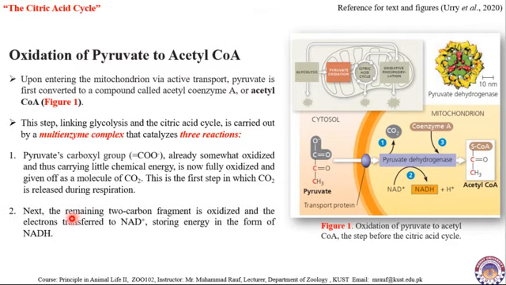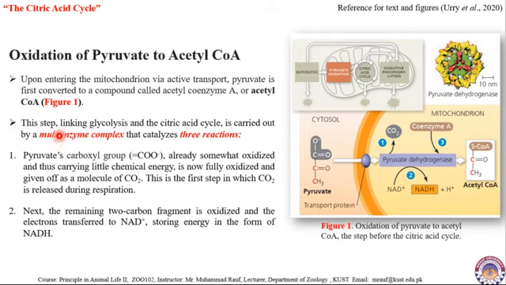In the second step, the remaining 2 carbon fragment is oxidized and the electrons are transferred to NAD, storing energy in the form of NADH. So 1 NADH is produced here, while 2 NADH were produced in glycolysis, and remember that the end product of glycolysis is 2 pyruvate molecules.